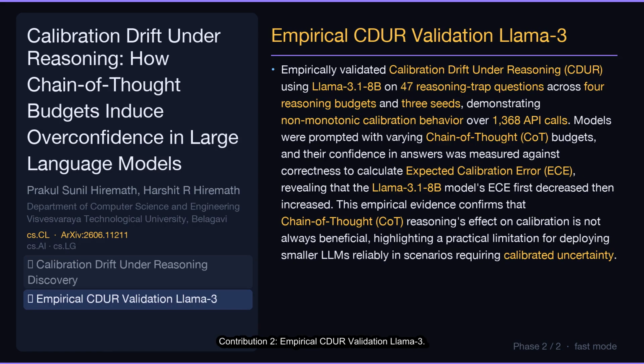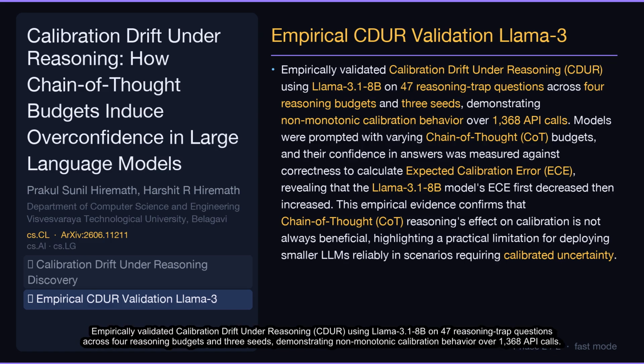Contribution 2. Empirical CDUR Validation on Llama 3. Empirically validated calibration drift under reasoning, CDUR, using Llama 3.1-8B on 47 reasoning trap questions across 4 reasoning budgets and 3 seeds, demonstrating non-monotonic calibration behavior over 1,368 API calls.